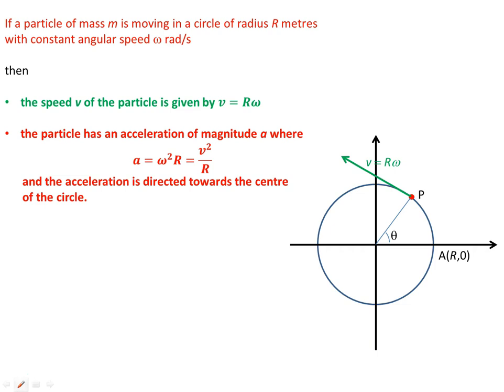The particle will have an acceleration of magnitude a, where a is given by either omega squared r or v squared over r, and the acceleration is directed towards the centre of the circle.